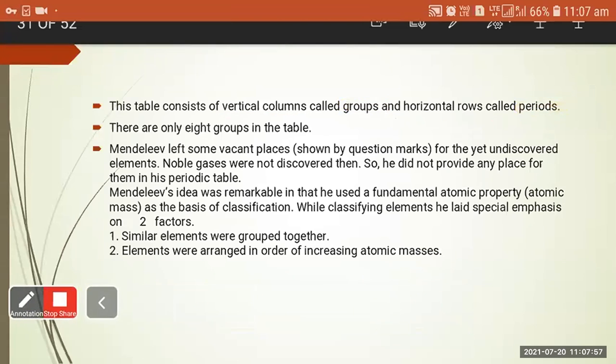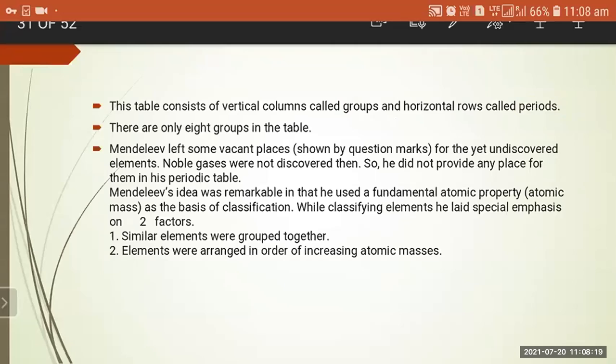So there are only 8 groups in the table. Mendeleev left some vacant places for the yet undiscovered elements. Noble gases were not discovered then, so he did not provide any place for them in the periodic table.